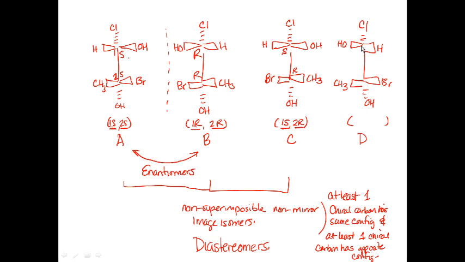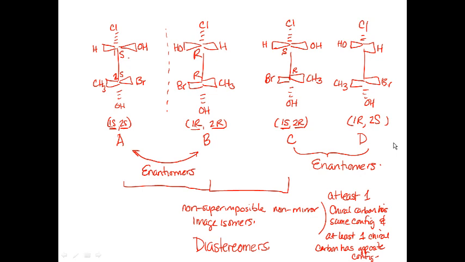The top carbon has the R configuration now, and the bottom carbon has the same configuration as it did in A, so this is now the 1R, 2S. So D and B are diastereomers. D and A are diastereomers. What's the relationship between C and D? They're mirror image isomers, so they are enantiomers.